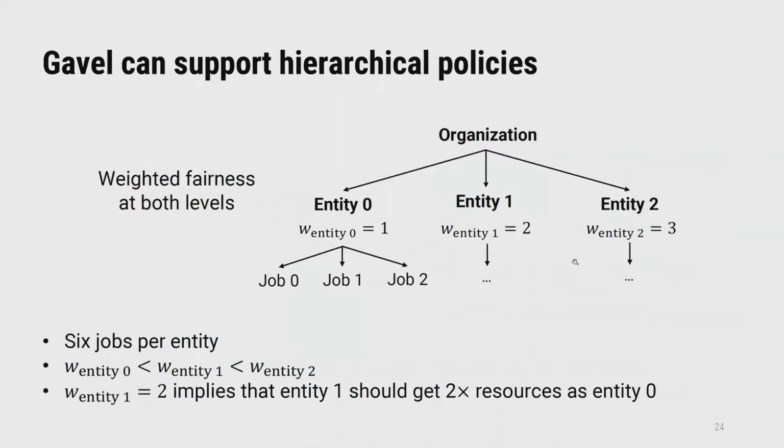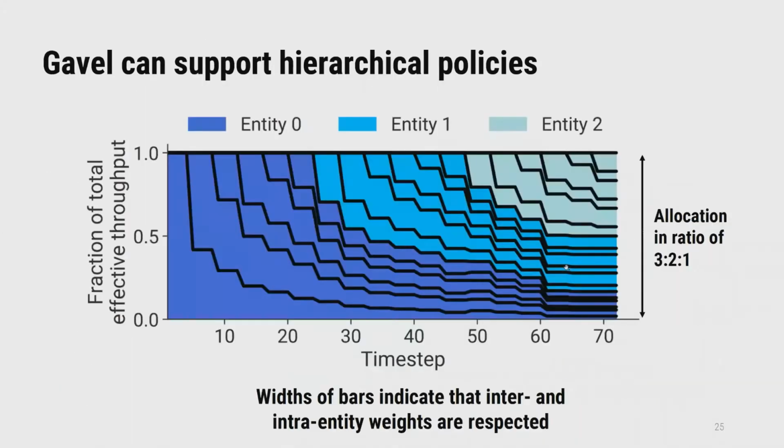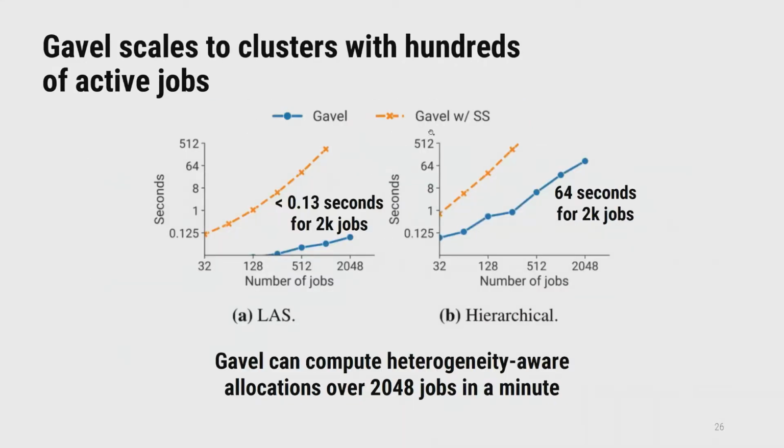And then for multi-objective, they did the simulation. Oh, this is the overhead of this scheduler, because you have to calculate the matrix of every job in the cluster that is running. So they try to show that, for even 2,000 jobs, the calculation time of the optimal allocation is less than a second.